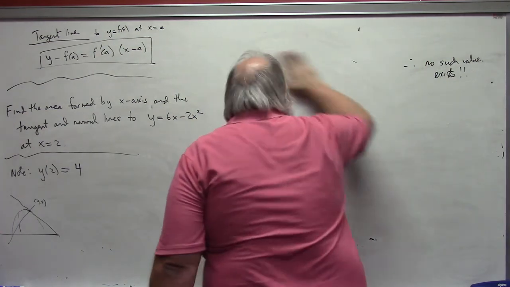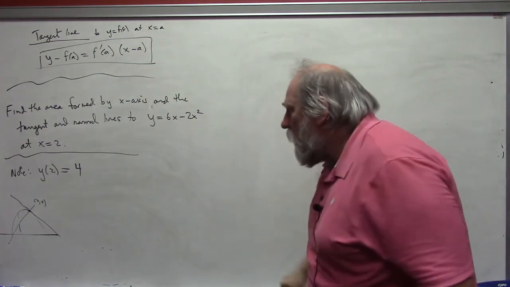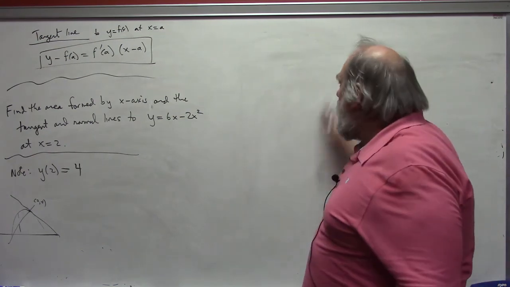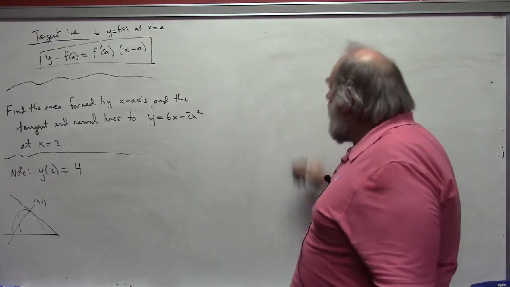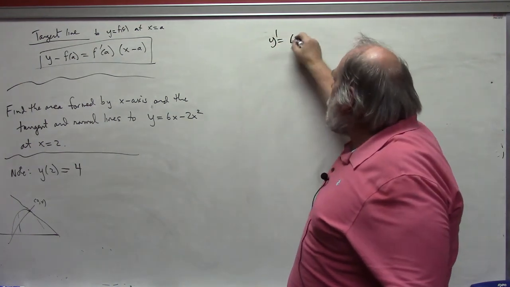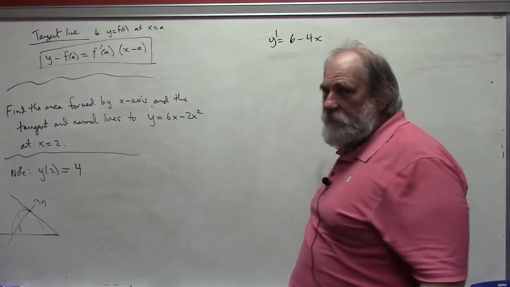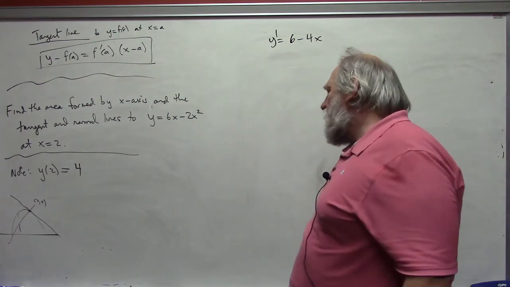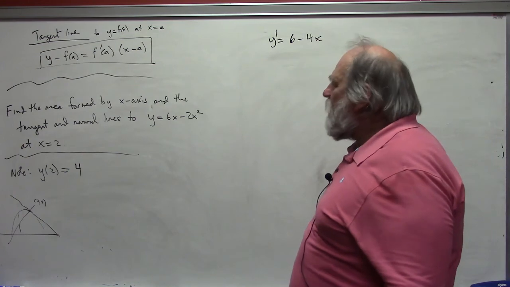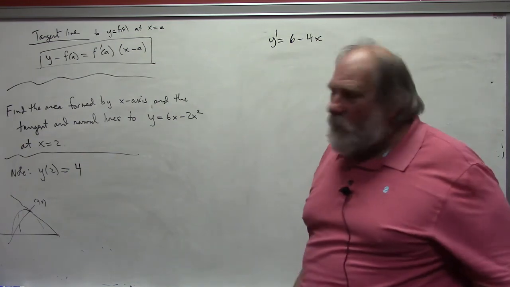So I need the tangent and normal lines. Let's go back to what I was talking about. My derivative in this case is 6 minus 4x. And so the derivative at 2 would be the slope of the tangent line.